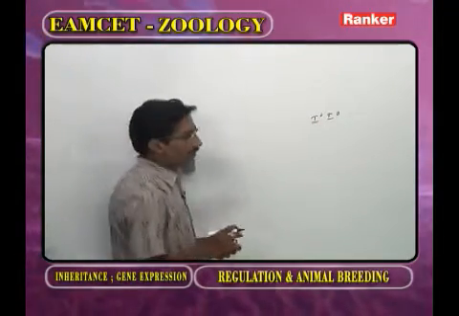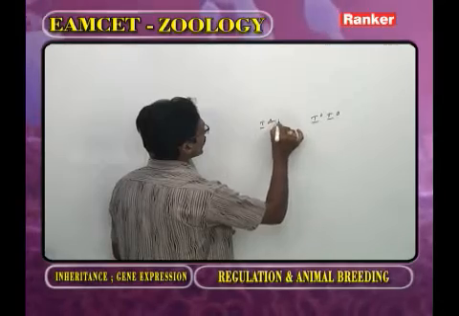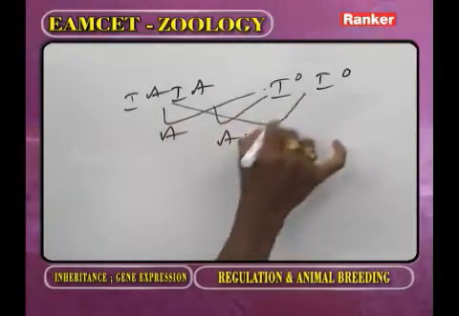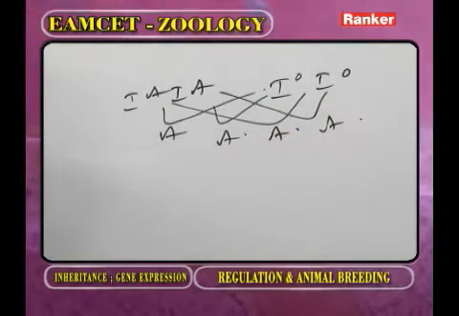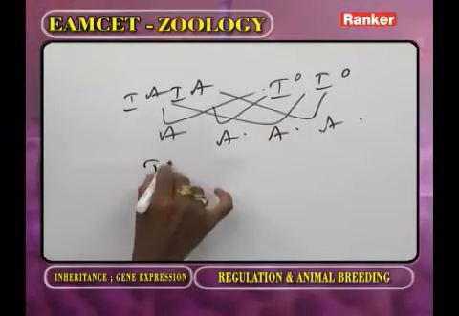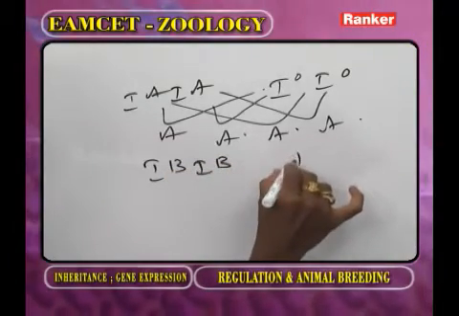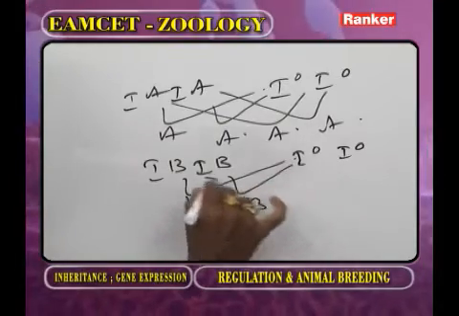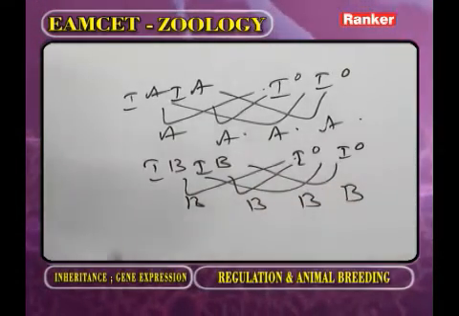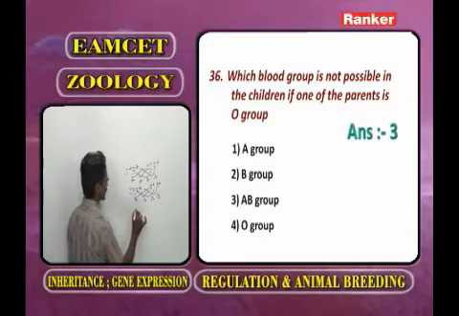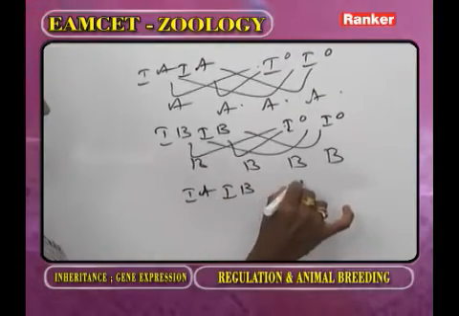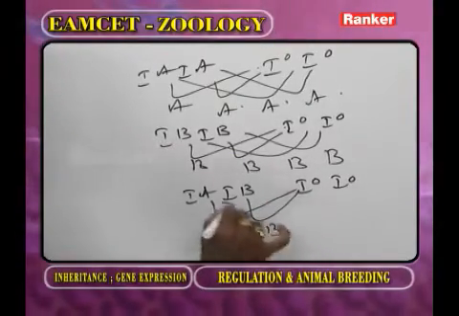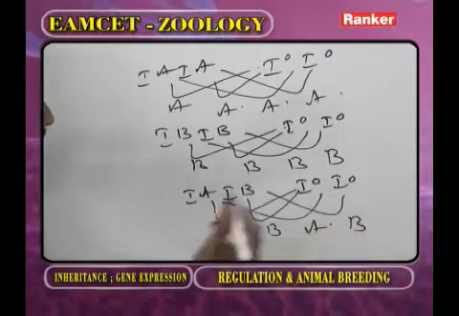Now if it is crossed with A group, IAIA, we are getting A and A. Now the second one, B, IBIB, and one of the parents is IOIO. Now we are getting B and B. Now the third option is IAIB crossed with IOIO. We are getting A, B, A, and B.